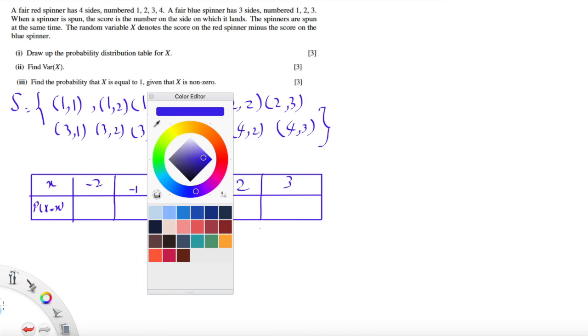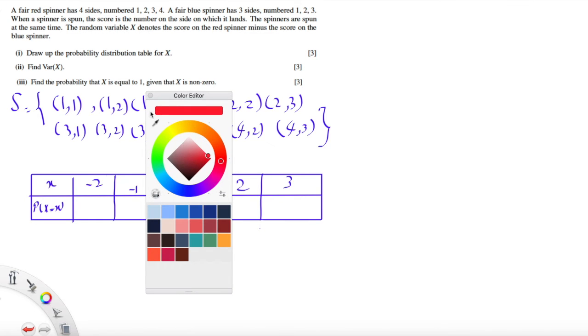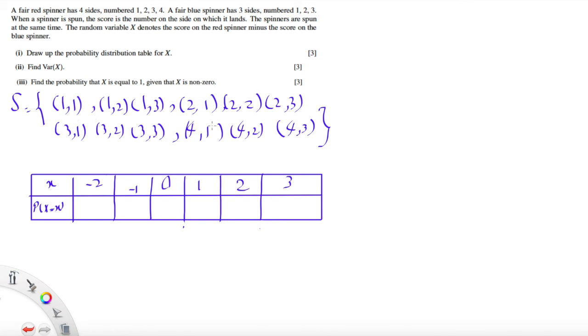Now, here, there are just 12 cases, and only one gives a difference of negative 2. So 1 and 3, probability of 1 is 1 over 4, probability of 3 in the second one will be 1 over 3, 1 over 4 times 1 over 3 is 1 over 12.